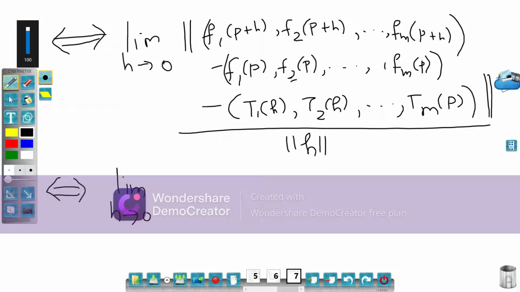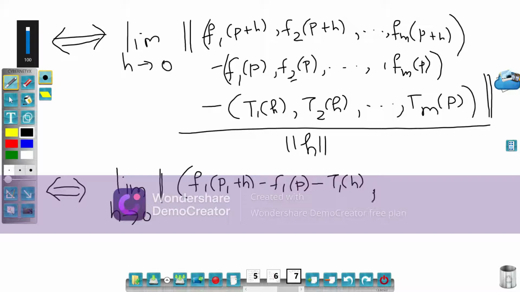Now I'll write it in a proper way. So it is f1(p+h) minus f1 at p minus t1 at h, upon, comma.